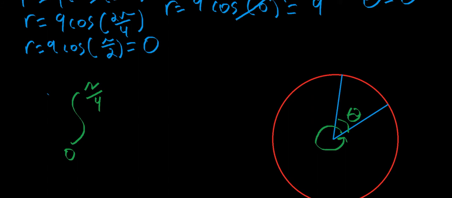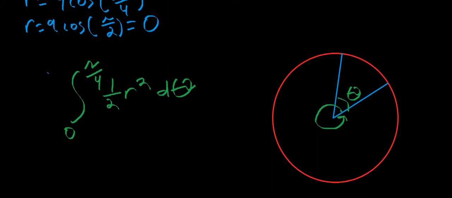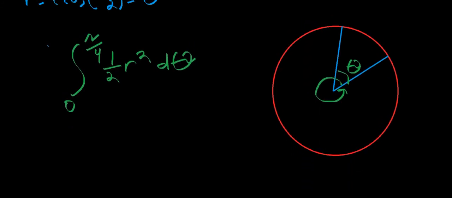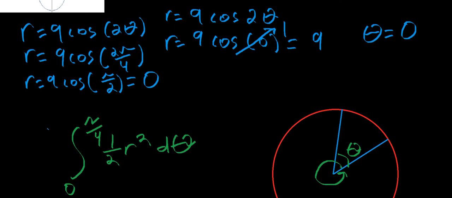And our r value they gave us is 9 cosine 2 theta. But when you're taking integrals in polar coordinates, there's a certain formula you have to use, and that is 1/2 r squared d theta. And in this case, our r is 9 cosine 2 theta.